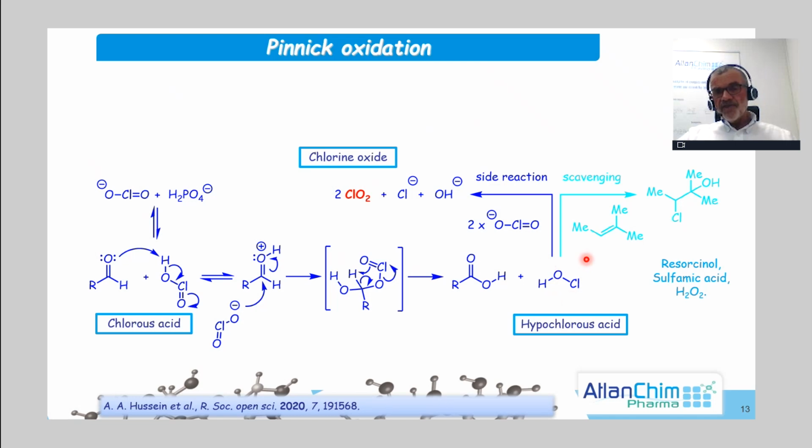It has been found that hypochlorous acid here can cause undesirable side reactions, such as epoxidation of electron-rich carbon-carbon double bonds. It should also be pointed out that the hypochlorous acid here destroys sodium chlorite, leading to the formation of chlorine dioxide, a problematic gas on large scale, as we will see in some examples.